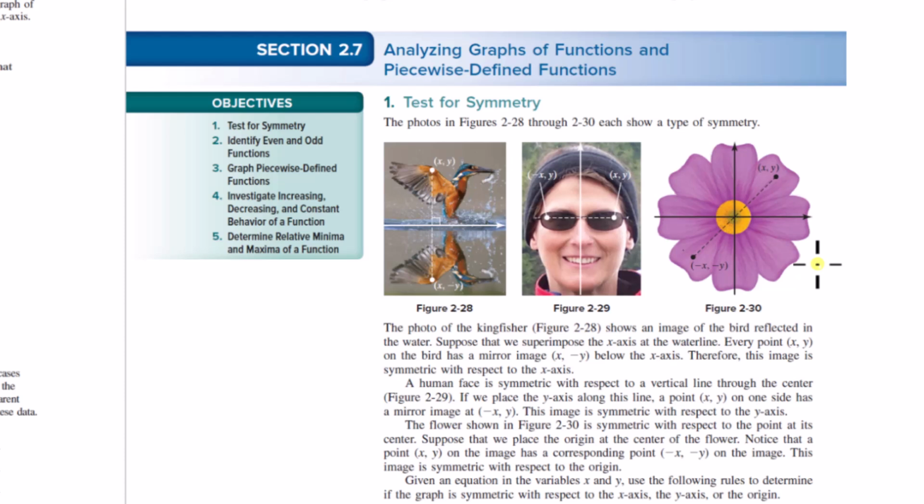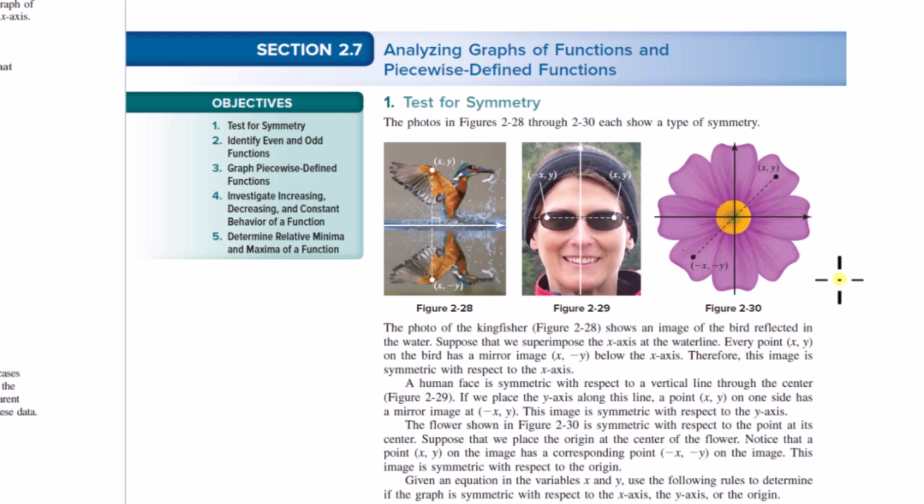Now, I need to verify this, but I don't know if it mentions this in this section. We're going to talk about how all of this applies to equations. But if an equation is symmetric with respect to the x and the y axis, then it also must be symmetric with respect to the origin. I believe that's the case.